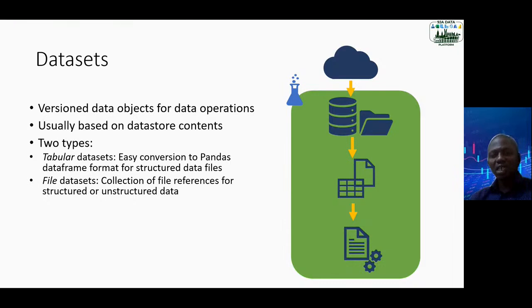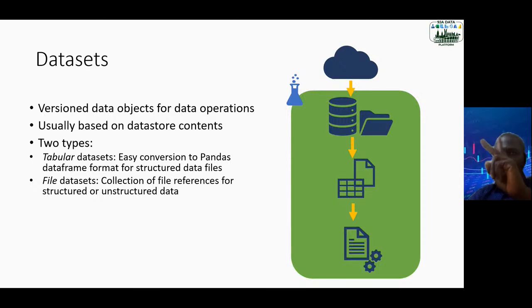Now we have data sets. I want us to be very comfortable with all these things so that we can really understand what we want to do and why we are doing what we need to do. A data set will be versioned data depending on the usage of the same data for your purpose. Our data operation is usually based on data store content. Remember, data store, data set.